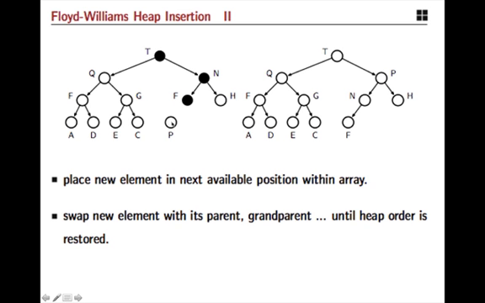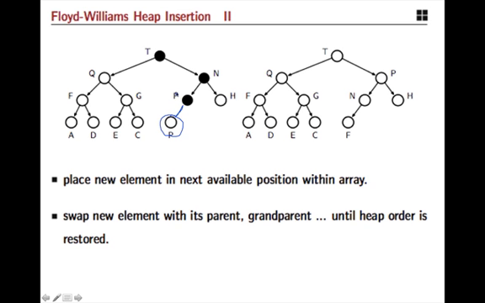We take the new element that we're adding, in this case P, and we add it to the last place open in the array, so it automatically has a parent. Then we switch with the parent if the order is not right.